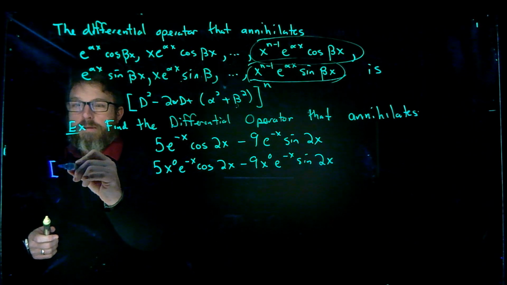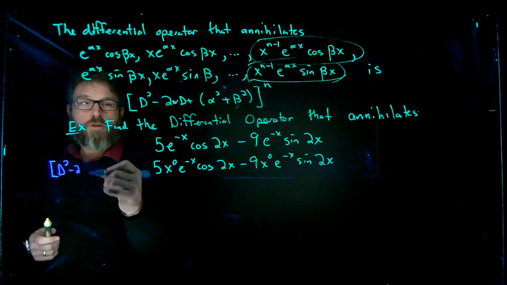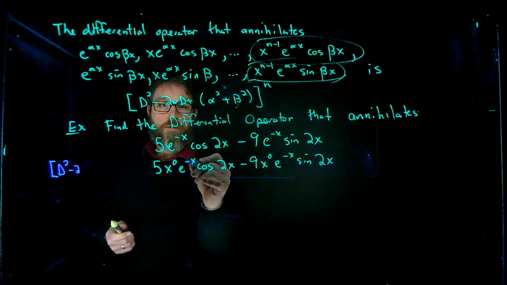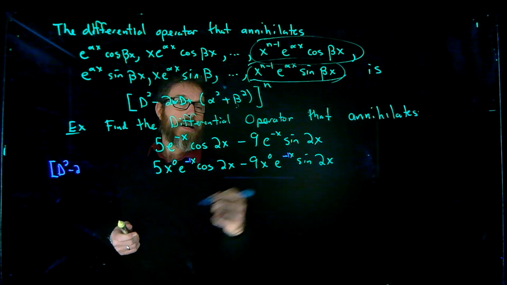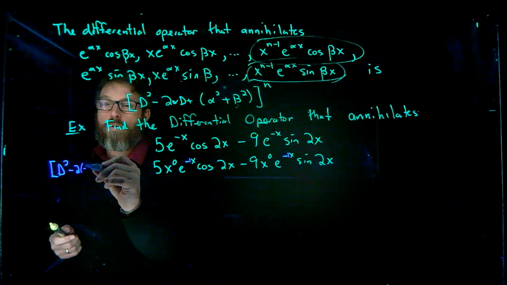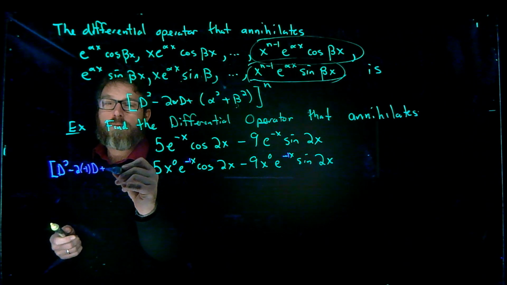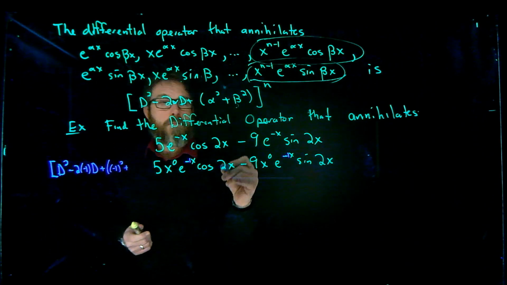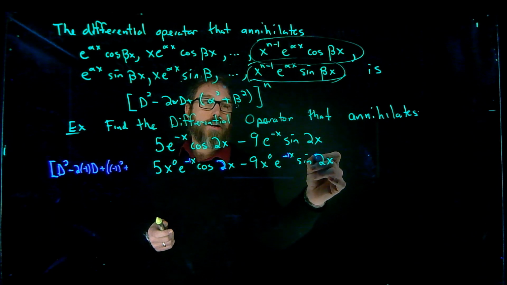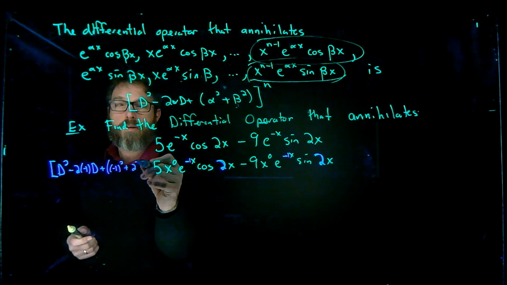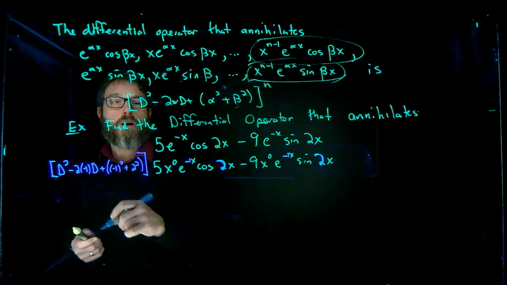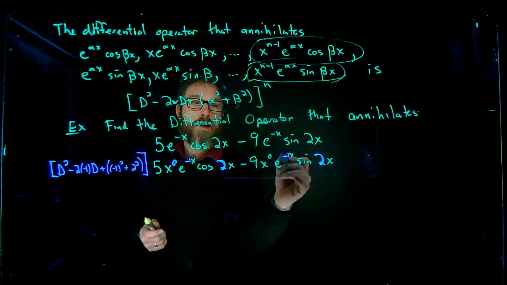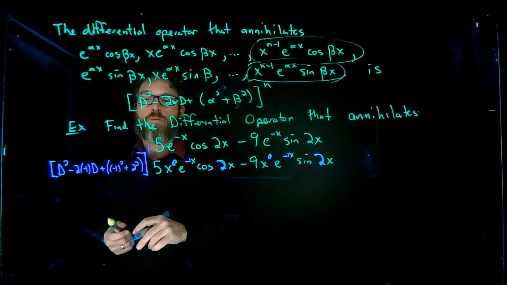So this is going to be our D squared minus 2. Well, alpha is going to be the coefficient in that exponential, so it's going to be a -1 D plus, we have our alpha, so this is -1 squared plus, now the beta is going to be the coefficient that's in your angles, so this is going to be 2 squared. And this is all to a power that is 1 bigger than the power on x, so this is going to be 1.